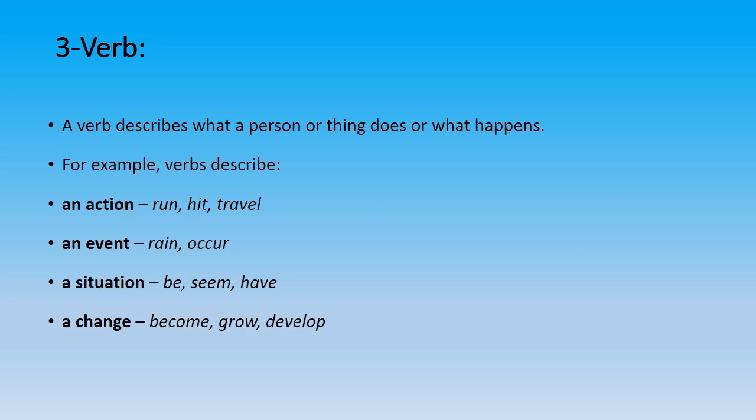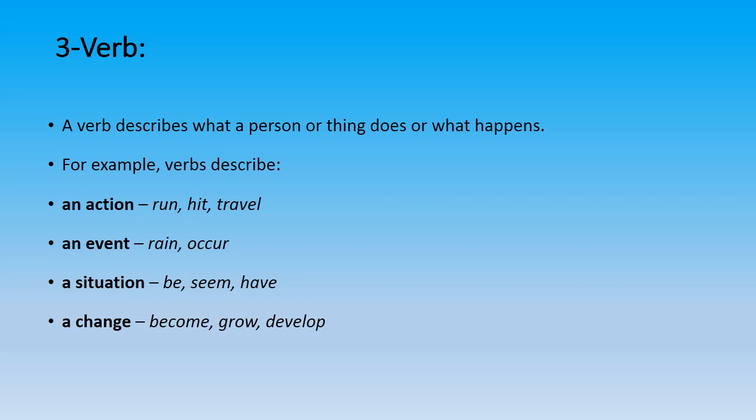A verb, as you know, is a major part of speech, and without it we cannot form any sentence, because there is always at least one verb in every sentence, and verbs usually go immediately after their subjects. So a verb describes what a person or thing does or what happens.